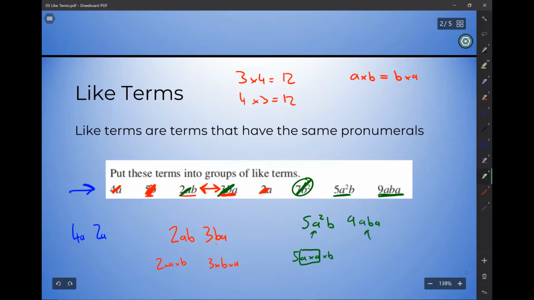And then what we have over here is 9a times b times a. And remember what we just set up here? The order doesn't matter. As long as we have a times b somewhere in the expression and a times b somewhere in the expression over here, they are like terms. They have the same pronumerals, 2 a's and a b. The order does not matter.